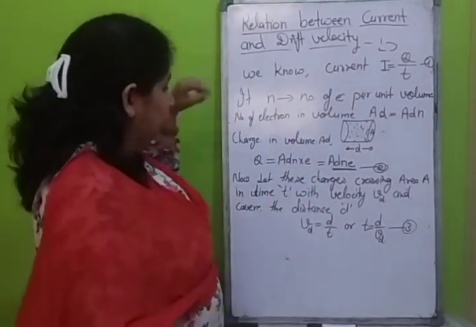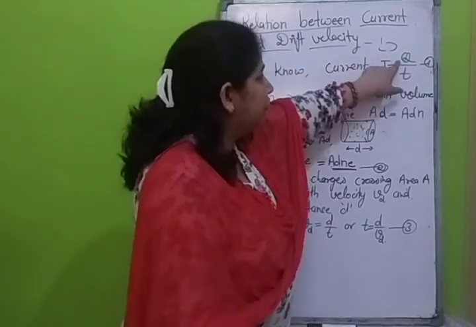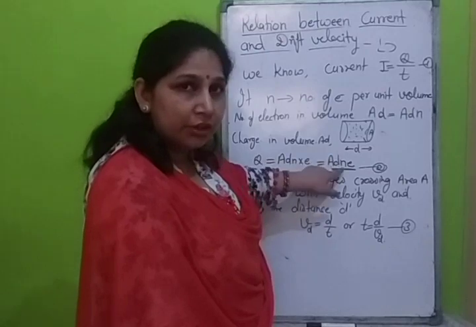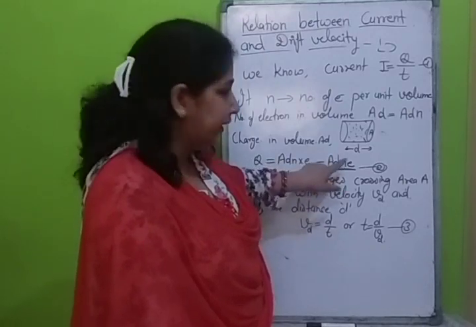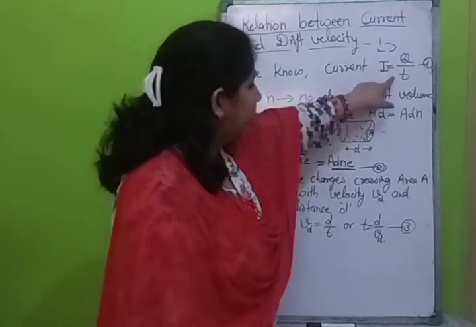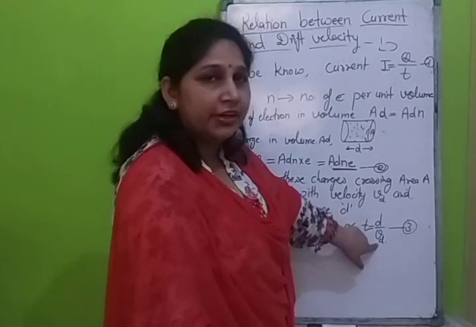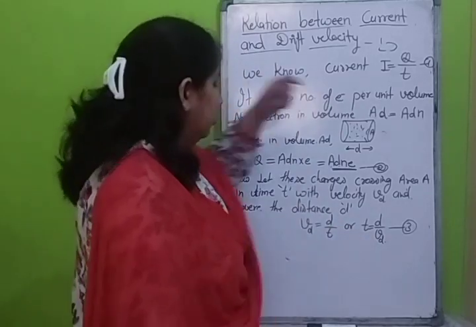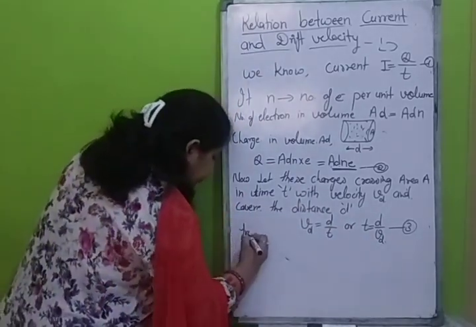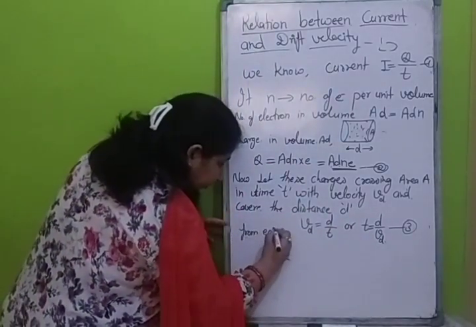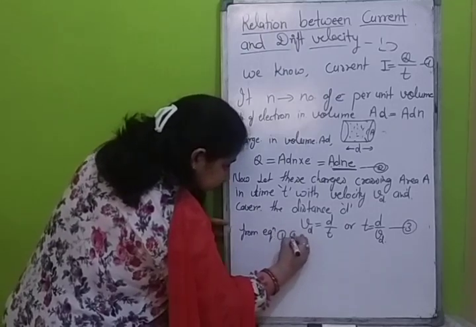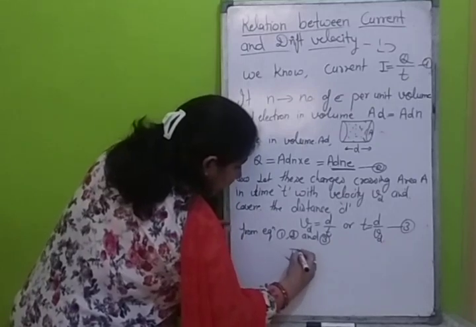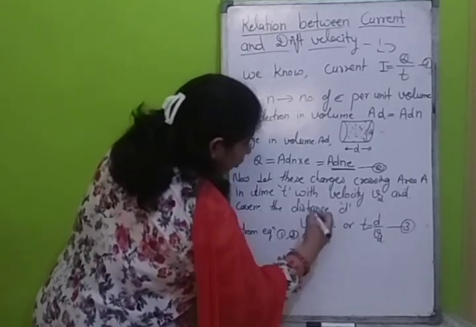Now what we will do? We will place the value of Q in terms of number of electrons per unit volume, and we will put the time in terms of drift velocity, that is t is equal to d upon Vd. From equation first, second and third, I is equal to Q upon t.